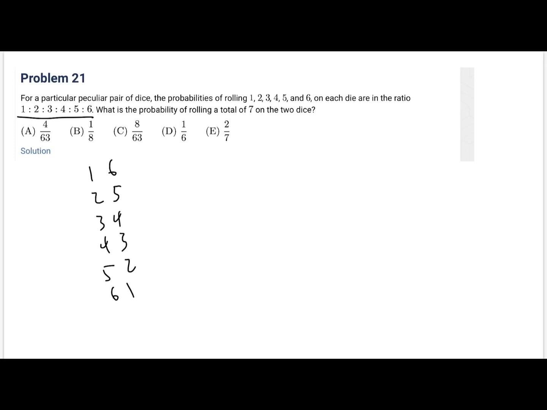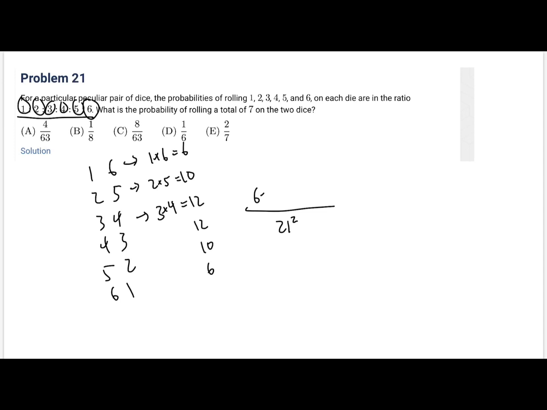So considering order, it's 21 squared, and then to have 1 and 6, there's a 1 and a 6, so it's 1 times 6 equals 6. For 2 and 5, you have 2 times 5 equals 10. This is also 3 times 4, so equals 12, and then the same, 12, 10, and 6.